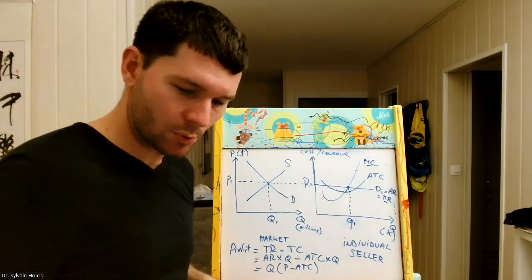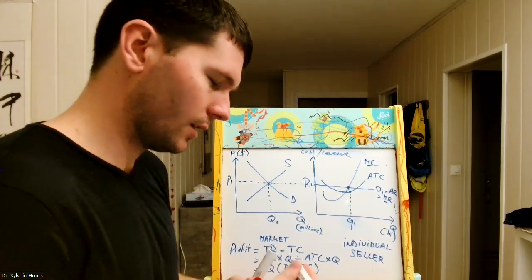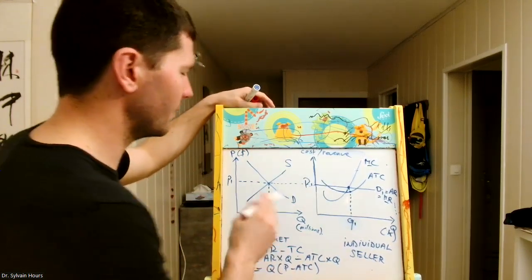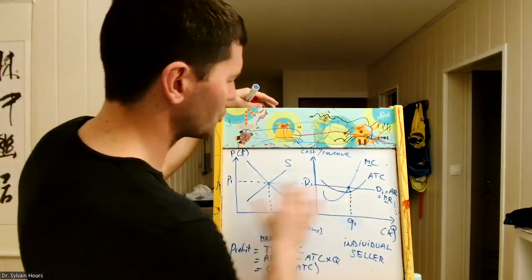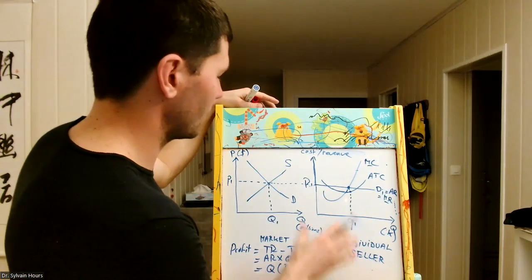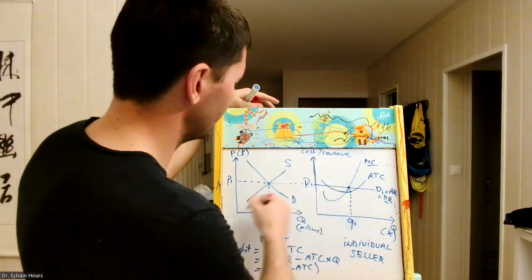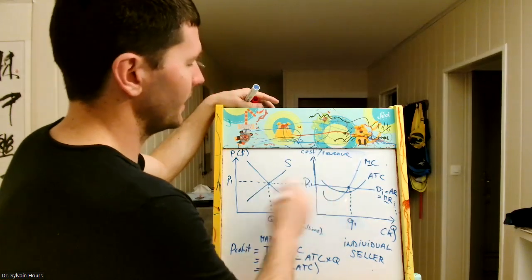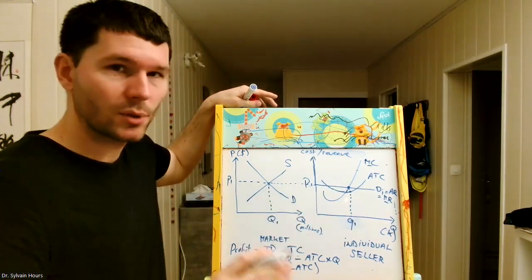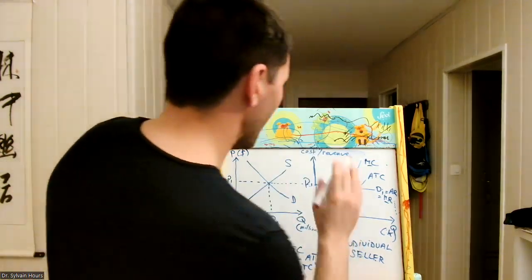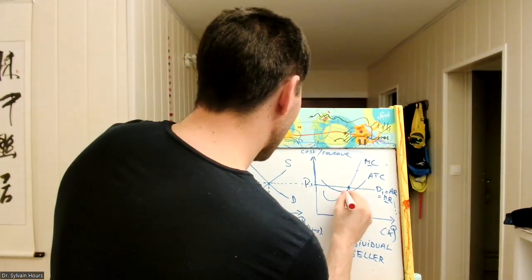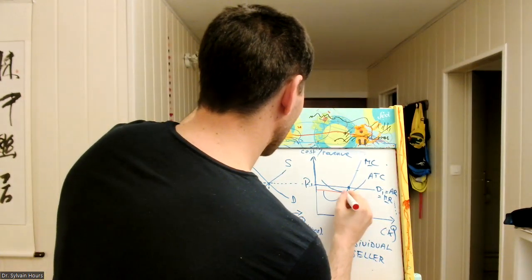So if you want to graph it properly, I'm going to use a different color. The first thing that you should do, you should really start with the right-hand side diagram rather than this one. If you show an increase in supply, the new equilibrium price might not be exactly at the right level. We know that the new price must be at the minimum of the average total cost.